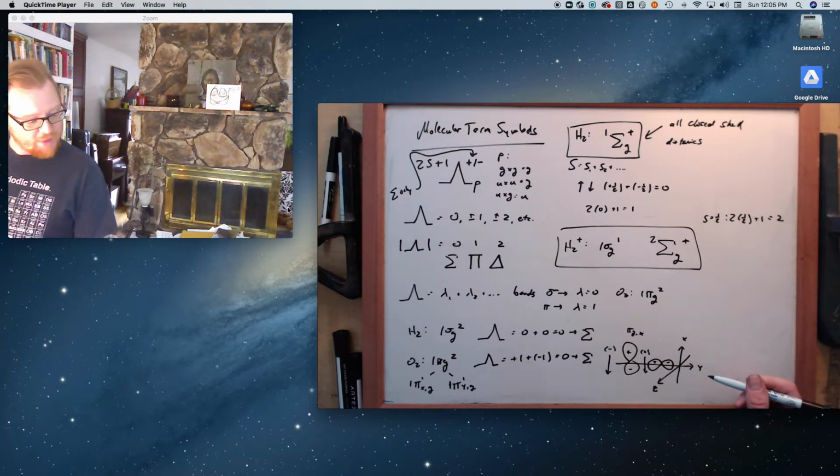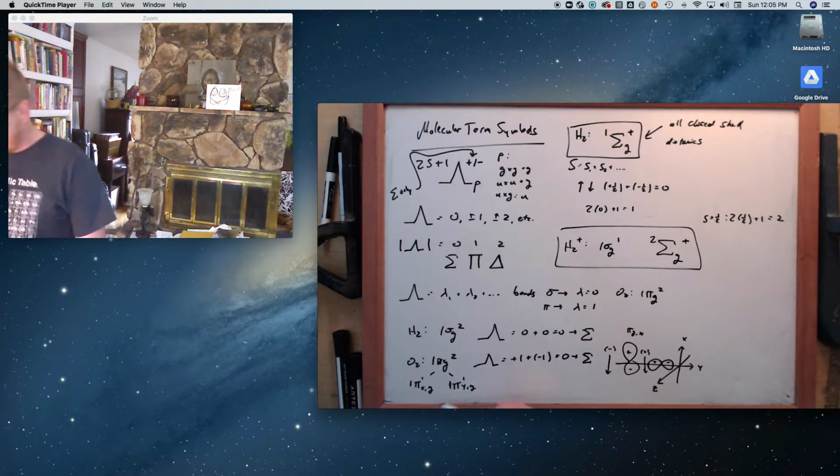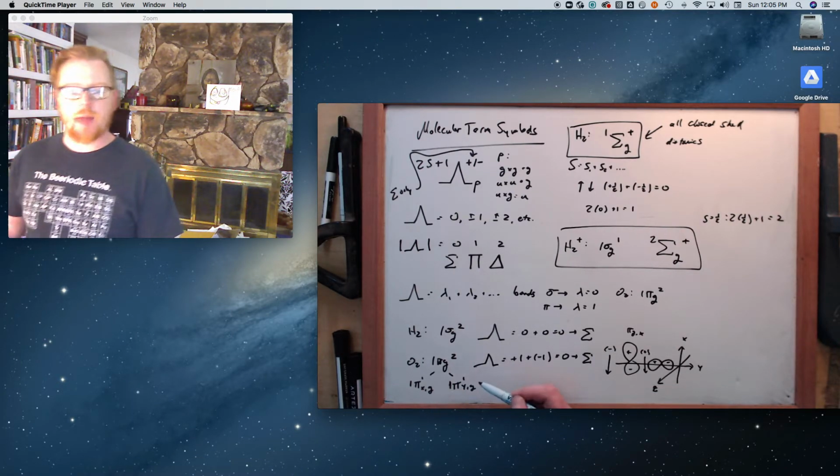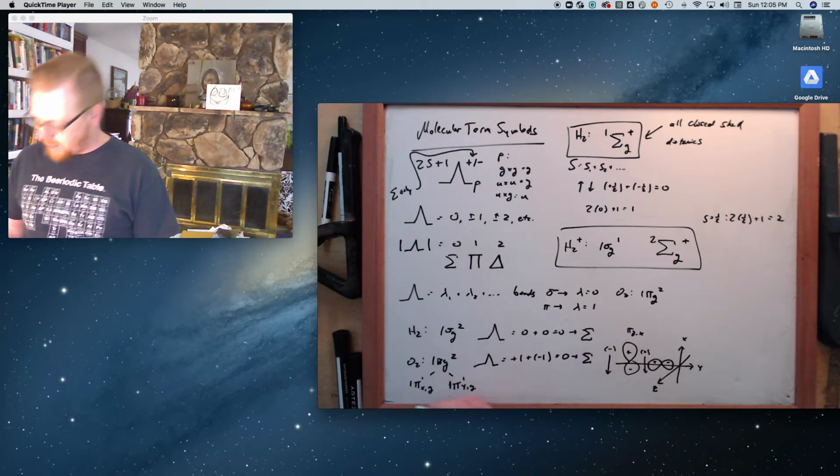And so with this pi xg and pi yg, it doesn't matter which one, the way I've drawn this, this would be a negative and this would be a positive. So a negative times a positive equals a negative.